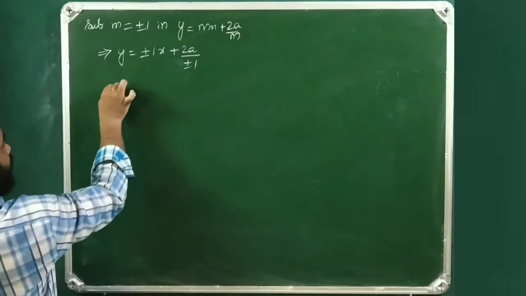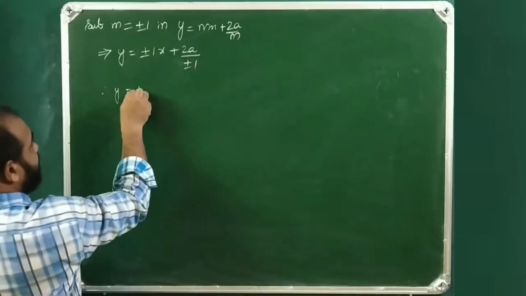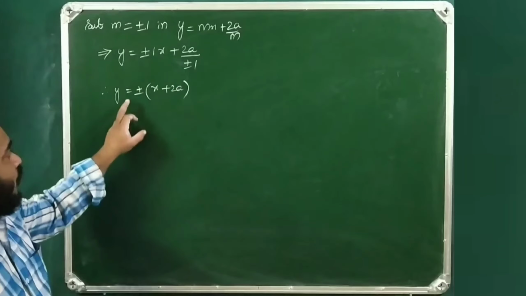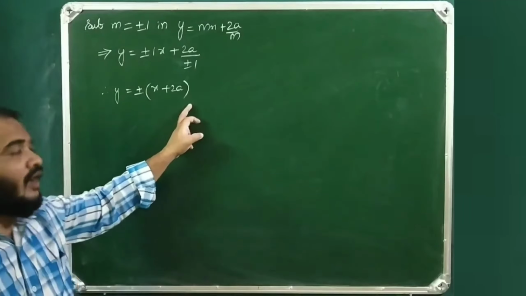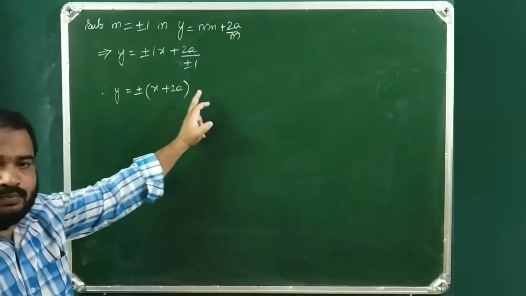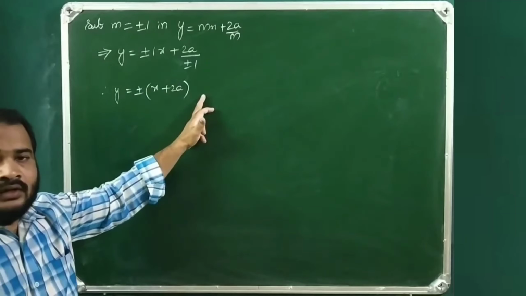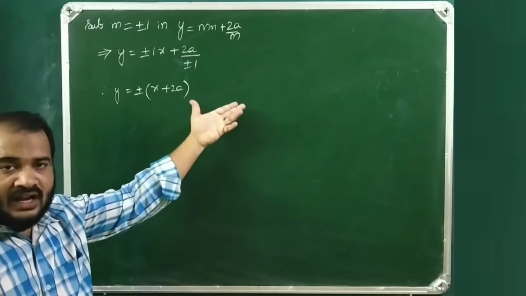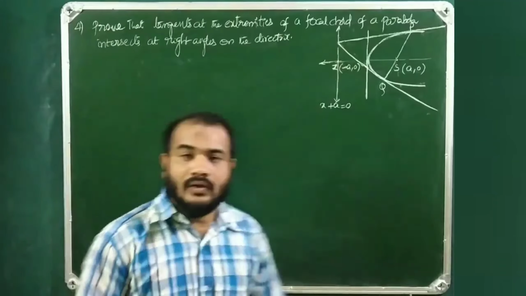So therefore y equals plus or minus x plus 2a. So that is y equals x plus 2a and y equals minus x plus 2a are the equations of the tangents to both the circle and the parabola.